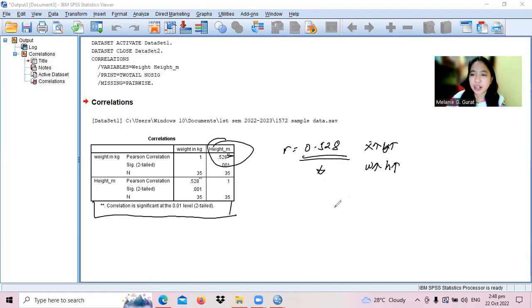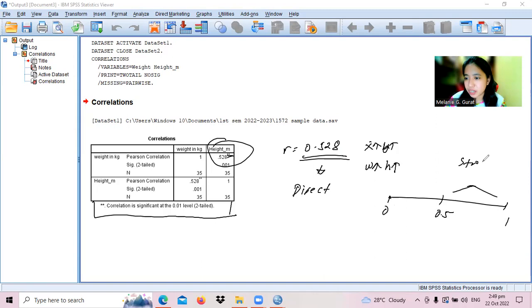If we can still recall what we have presented a while back, we have a positive value, which means it is directly correlated. And it's from 0 to 0.5 to 1, from 0.5 to 1. So we know that this is considered strong. And from here, it's considered weak.